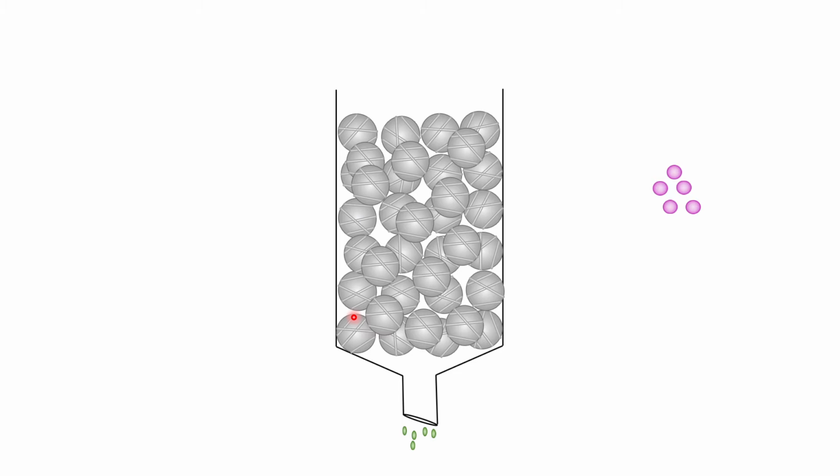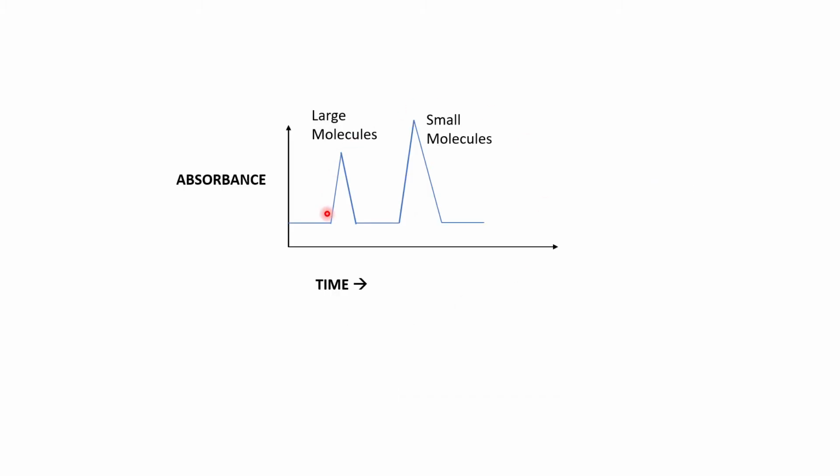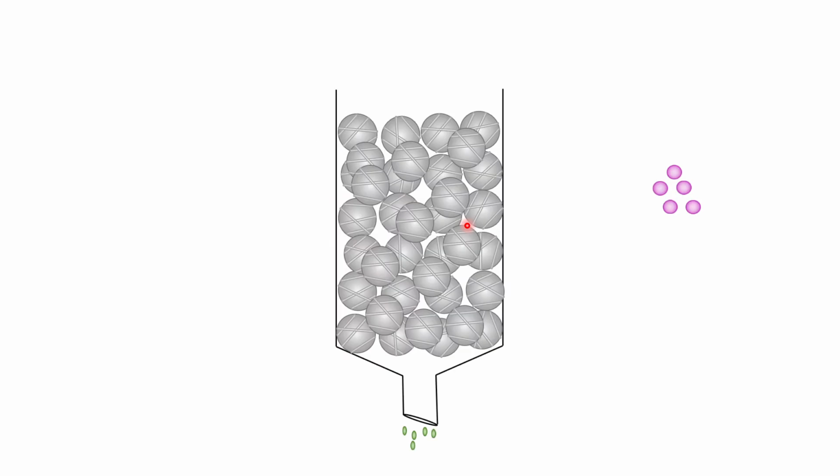Now if we look at the absorbance spectra of these molecules, the larger molecule comes out first and gives us a spectrum, and after some time the smaller molecules come out and give another spectrum. We don't use the fibrous protein simply because fibrous proteins have linear dimensions.